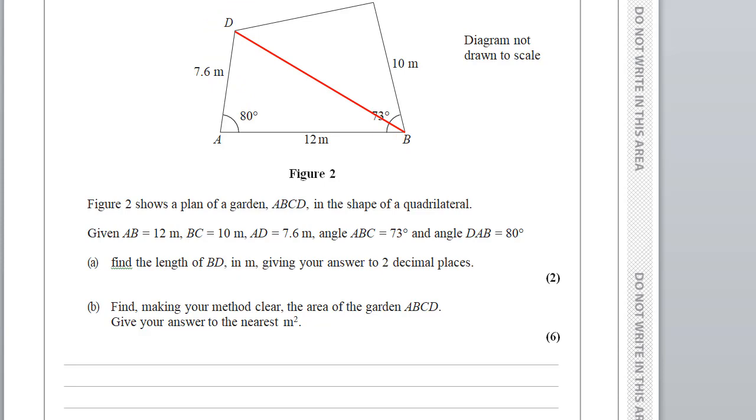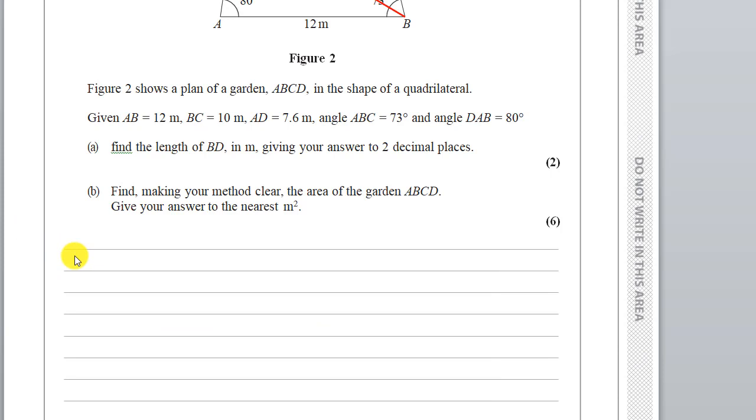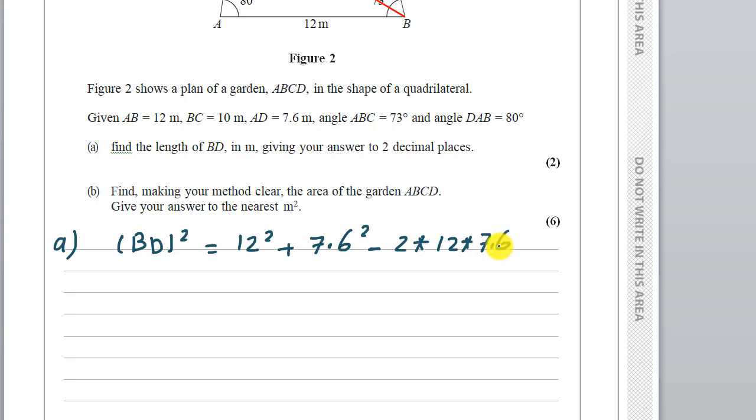So for the triangle ABD, using the cosine rule, BD squared is equal to 12 squared plus 7.6 squared minus 2 multiplied by 12 multiplied by 7.6 multiplied by cosine 80.